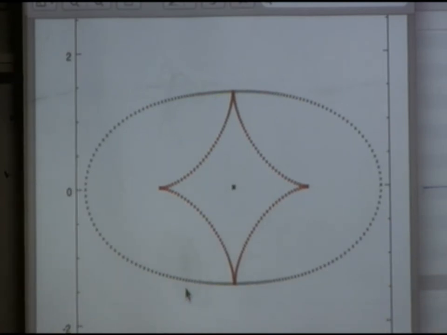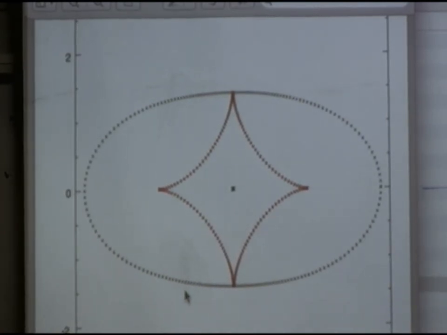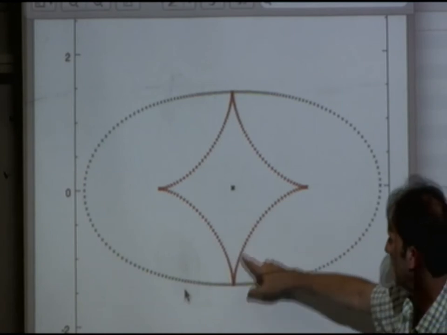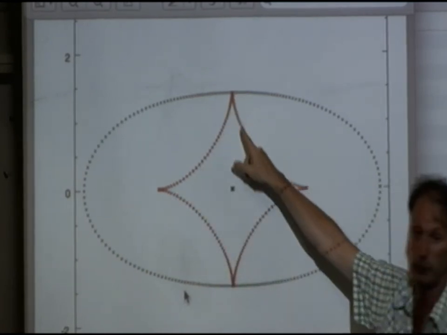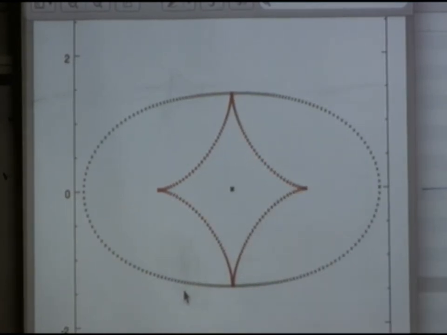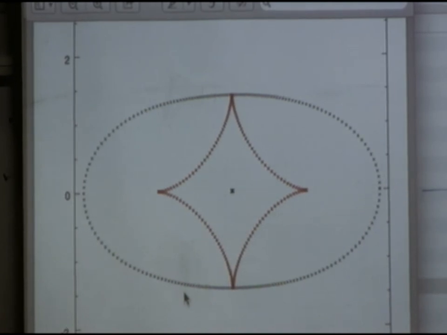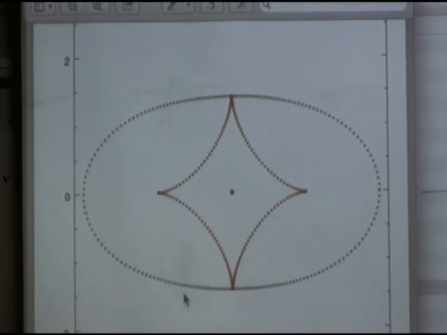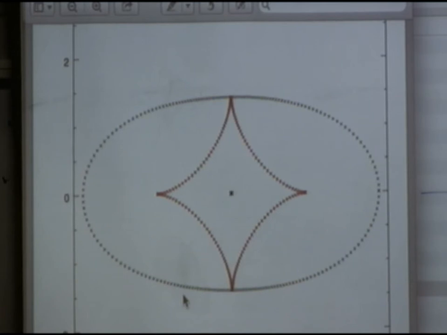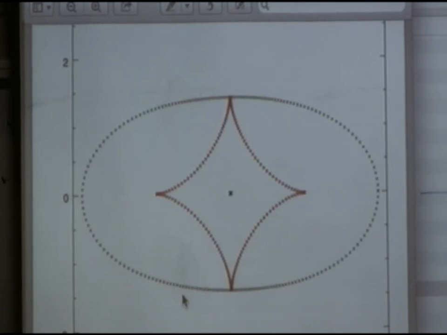But you see the critical curve is kind of an ellipse. And then when you map this back to the lens plane, to the source plane, then you get these caustics. So I hope that these fairly simple calculations worked for you and that you were able to get there.